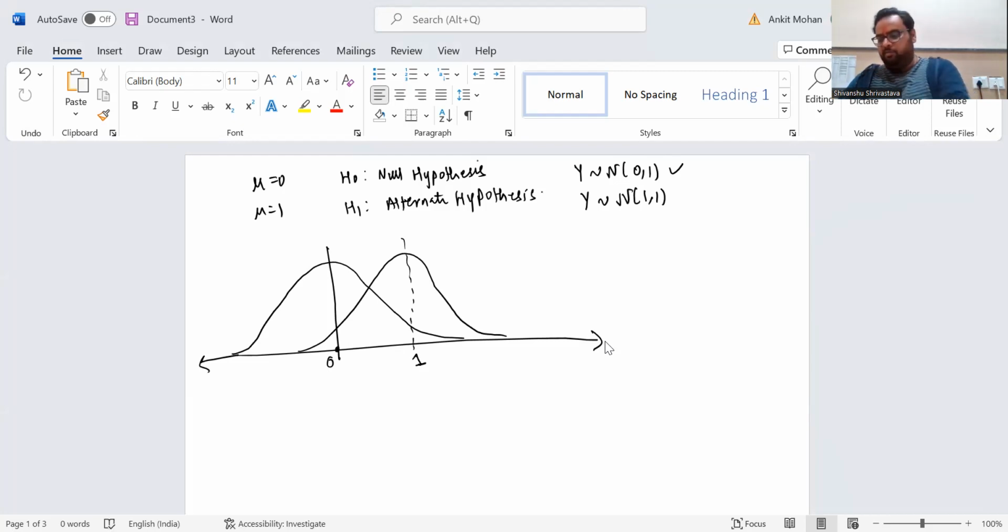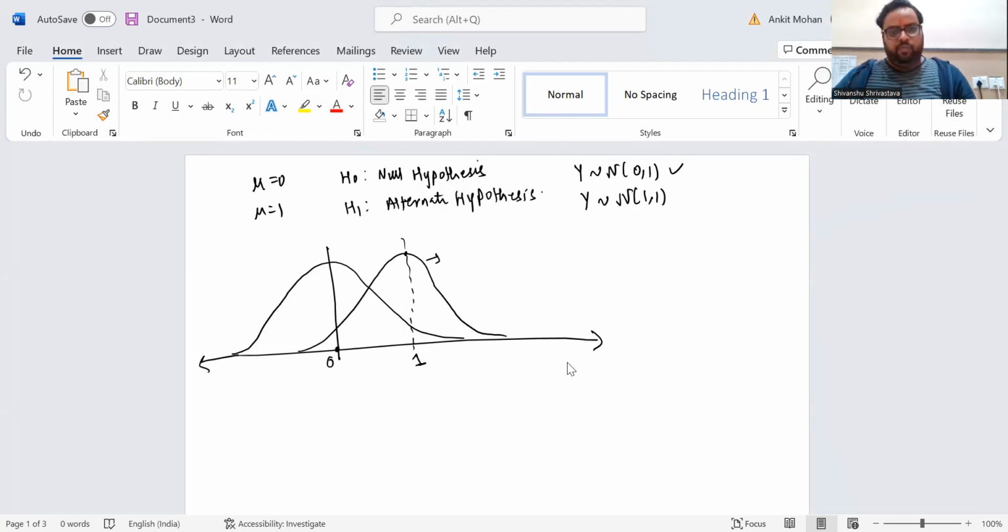Here we have the mean value 1, and you can see that this peaks at the mean value 1. This particular probability density function signifies our H1 hypothesis, and this one signifies our H0 hypothesis.